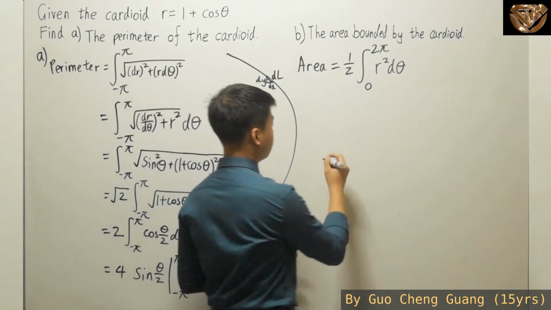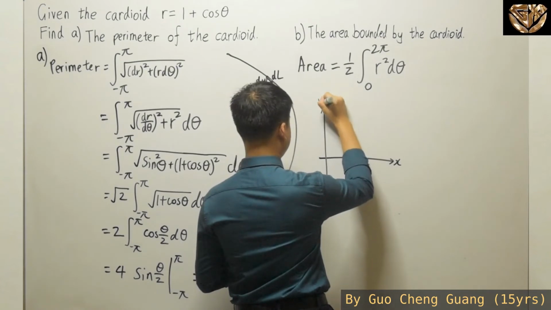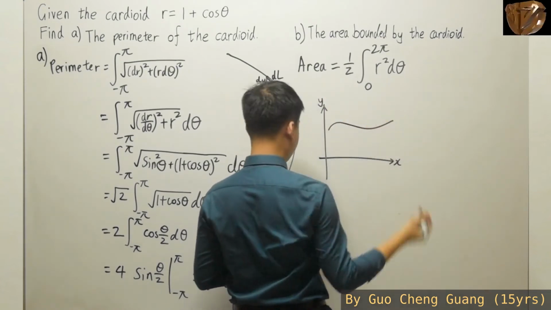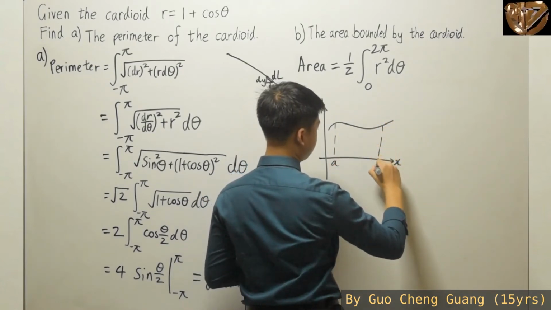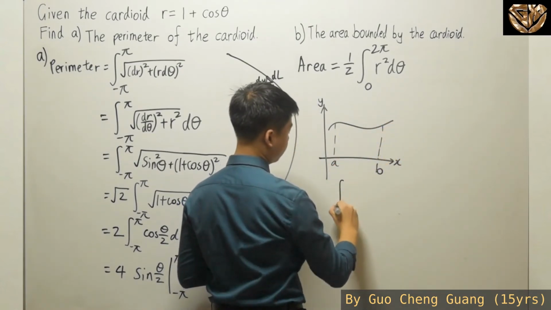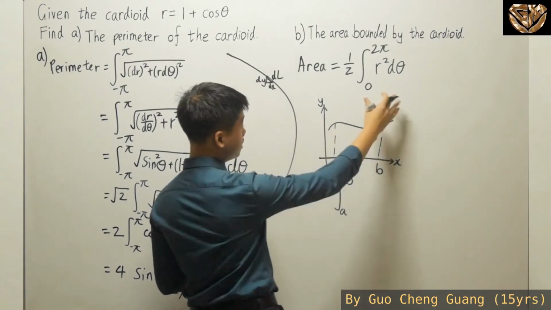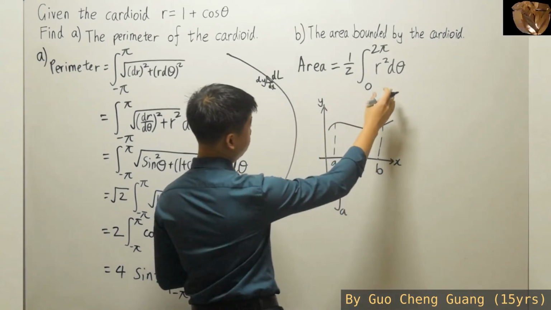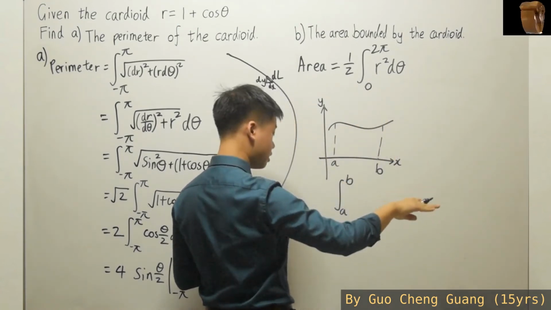And the same thing applies to, let's say you have an x and y axis and you have a random curve, from A to B. You also integrate from A to B, not the other way around. So in this case, the positive direction for theta would be anti-clockwise. Alright?